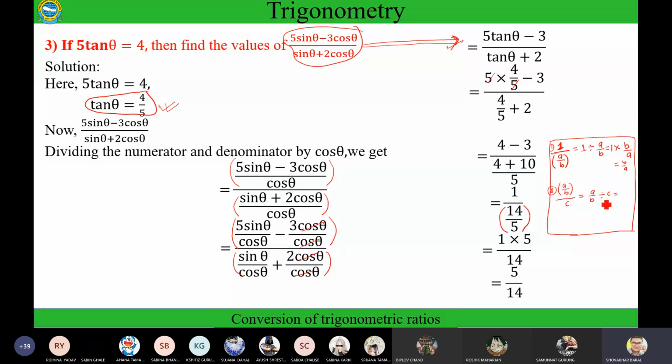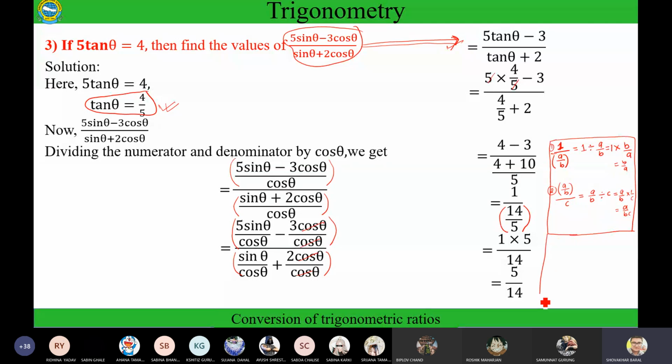You have to convert this division sign into multiplication. It will be a by b times, so if there is nothing in the denominator in c, you can write it as 1. So it will be 1 divided by c. Further it will be a by bc. If you ever get confused with the reciprocal, please remember this step. Remember this way to do.